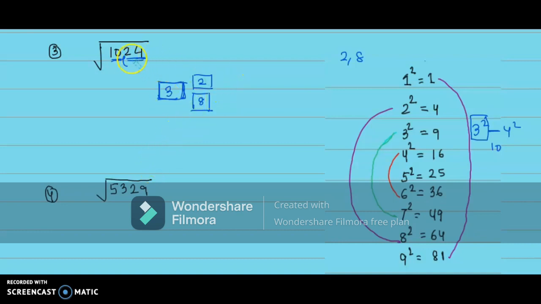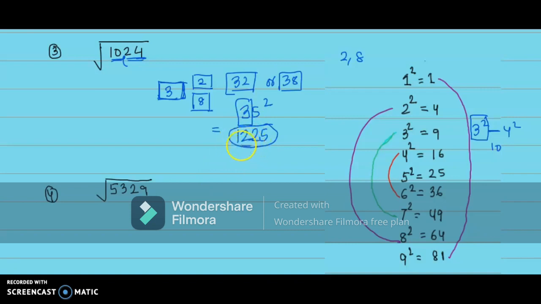Now the square root of 1024 will be either 32 or 38. So how to decide which is the correct answer? For that I told you already. Find the square of 35. Finding a square of 35 is very easy. 3 times 4 is 12 and followed by it 25. So 1225 is the square of 35.